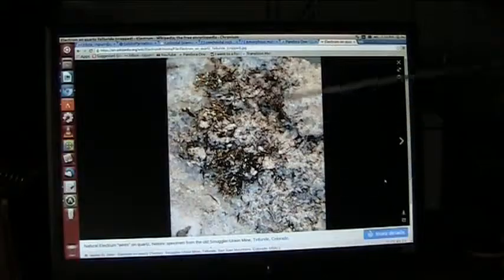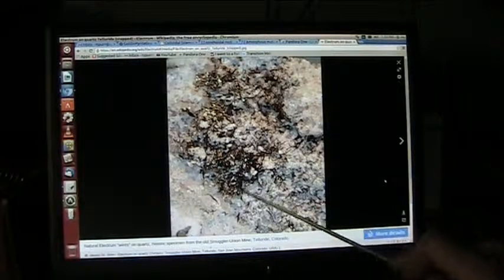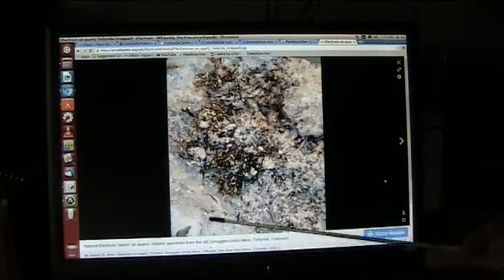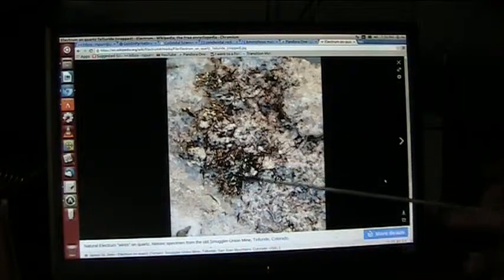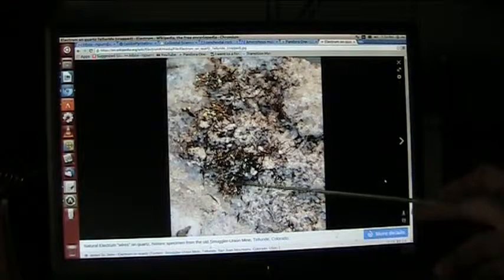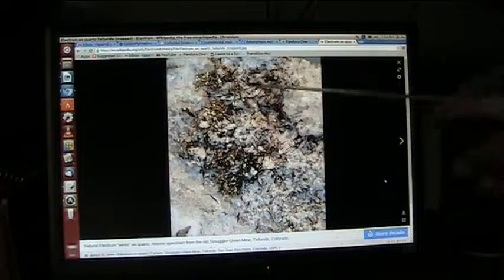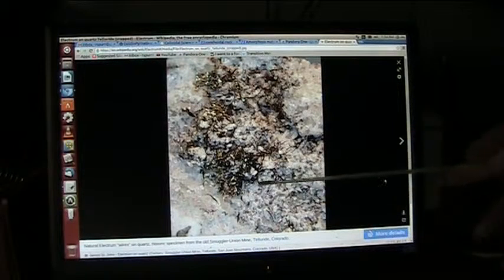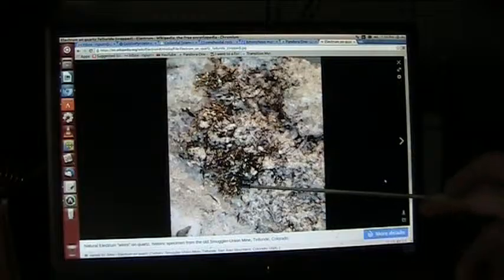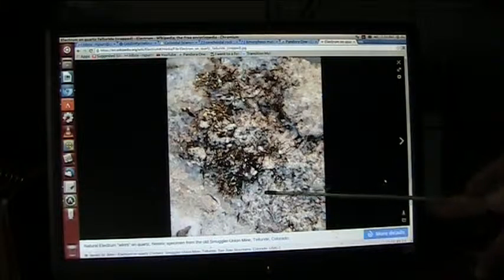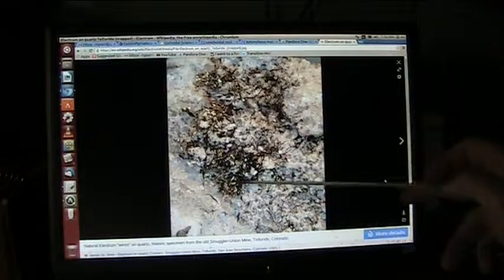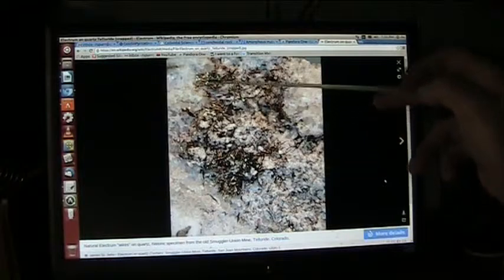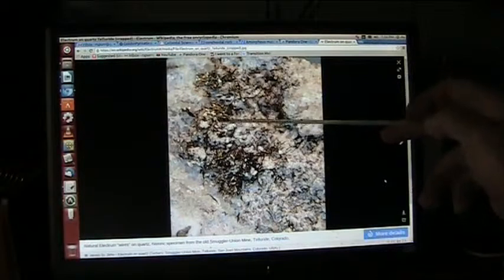All right, this is electrum, and if you can see right here, electrum is gold with a little platinum, a little copper, a little silver, and this is completely lithified into quartz. Everything else is driven away except the metals and the quartz. Now, I believe these little holes are where the blood is spewing out.